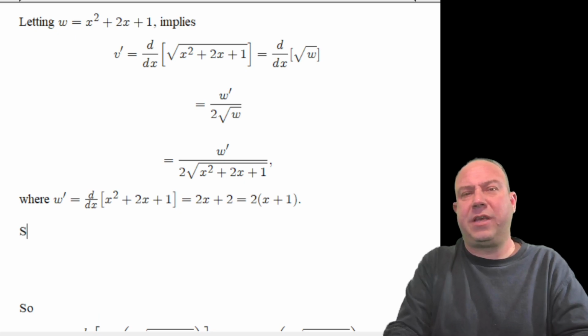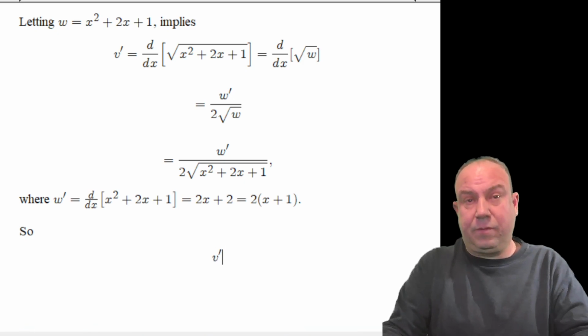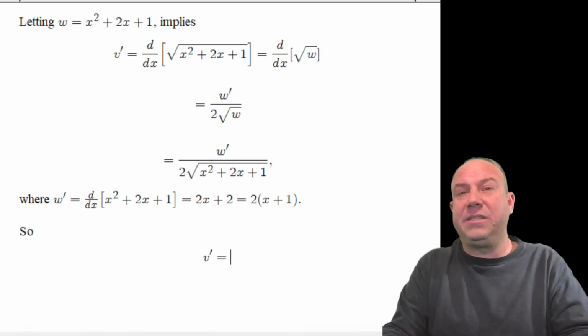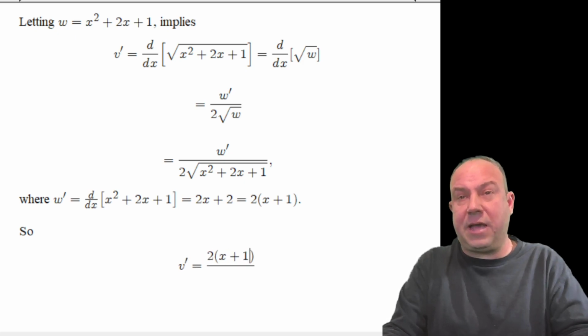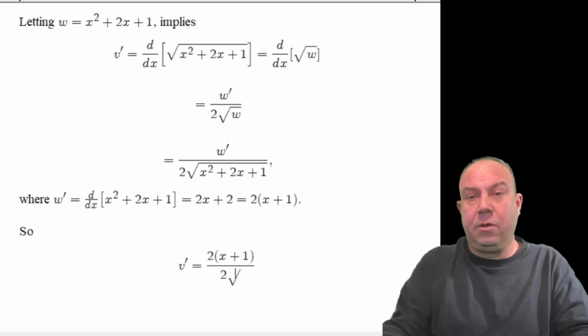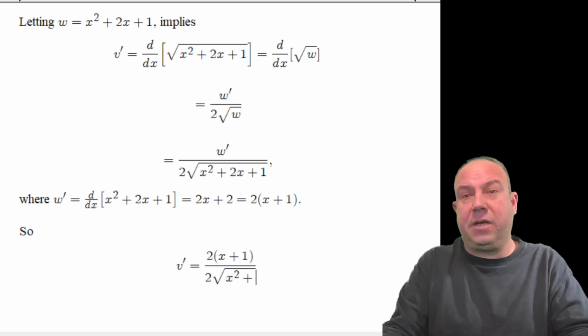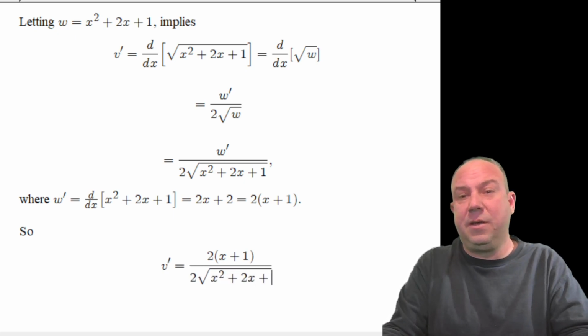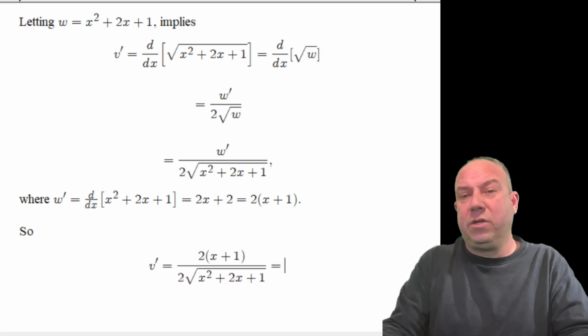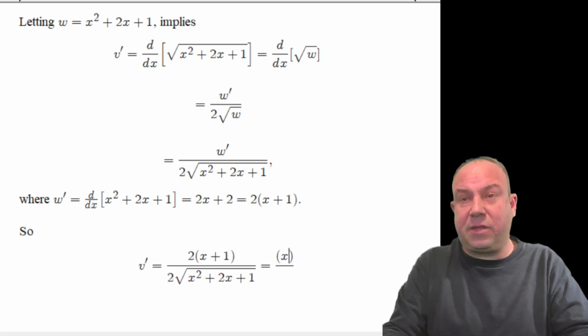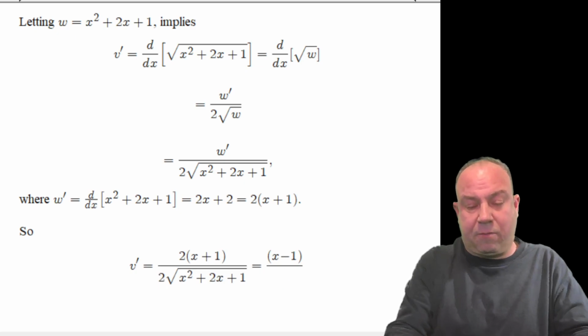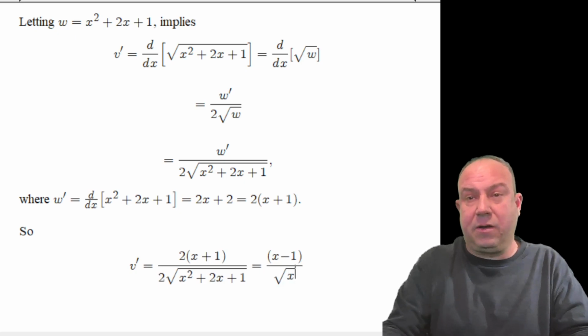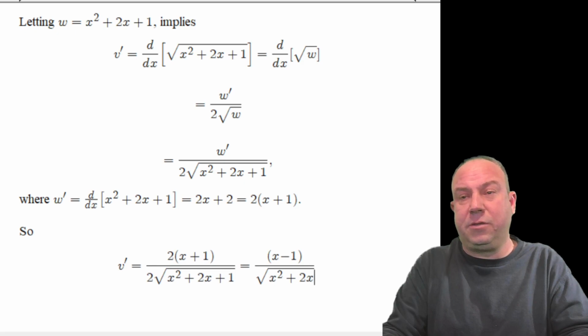So v prime then can be said to be equal to 2 times the quantity x plus 1 over 2 square root of x squared plus 2x plus 1, where we will see those 2's cancel, leaving us with x plus 1 over that radical, the square root of x squared plus 2x plus 1.